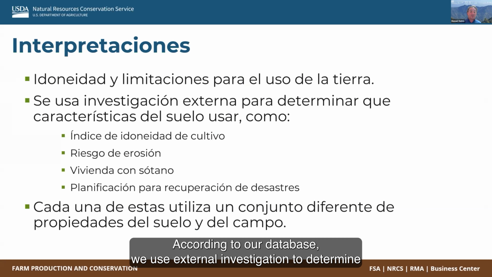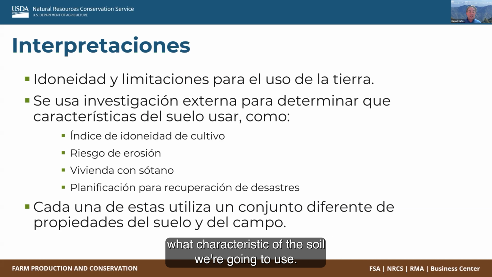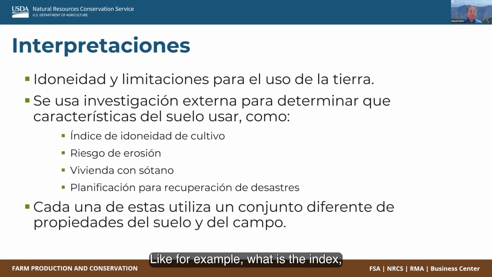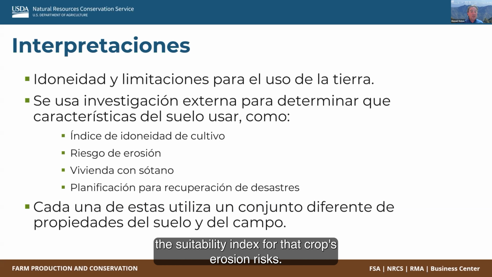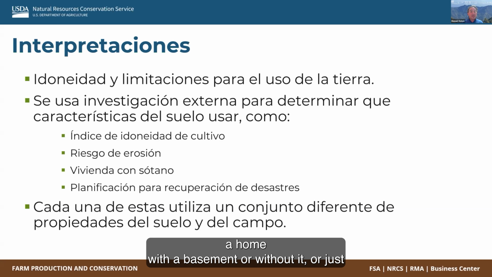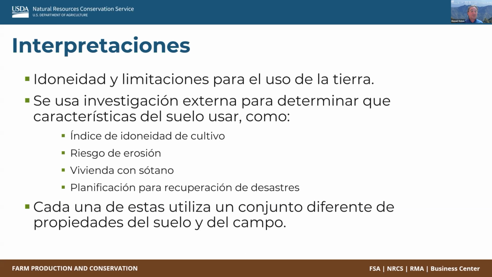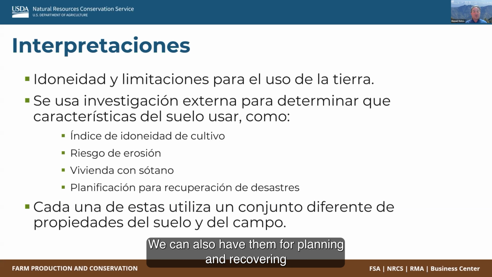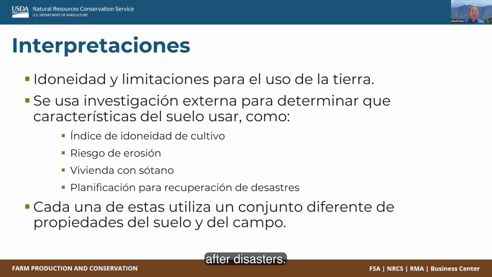We use external investigation to determine what characteristics of the soil we're going to use. Like, for example, the suitability index for that crop, erosion risks. We also have interpretations on whether you can build a home with a basement or without it, or just a living space. We can also have them for planning and recovering after disasters.